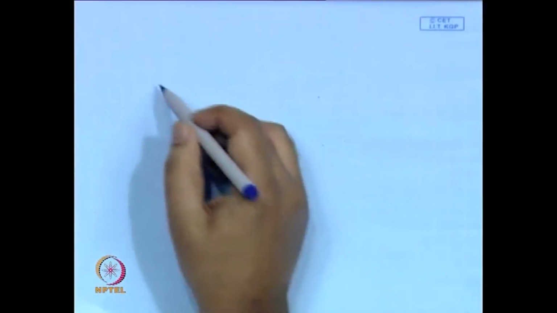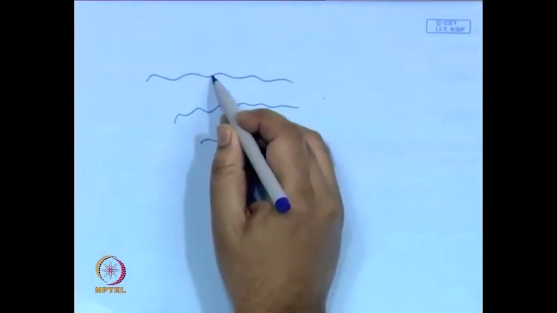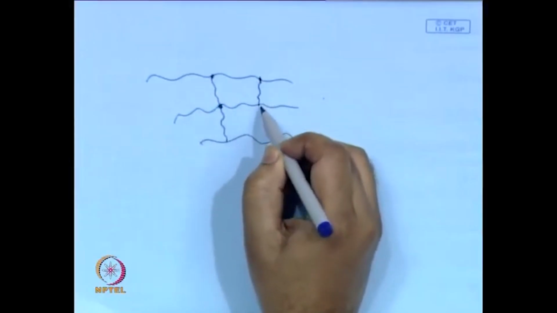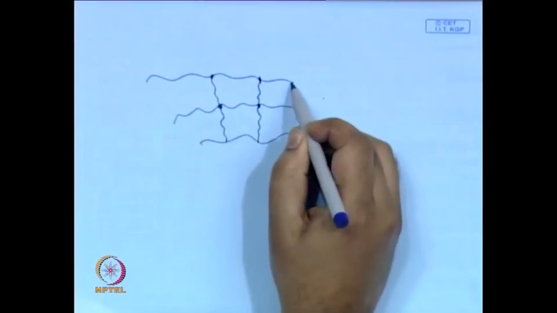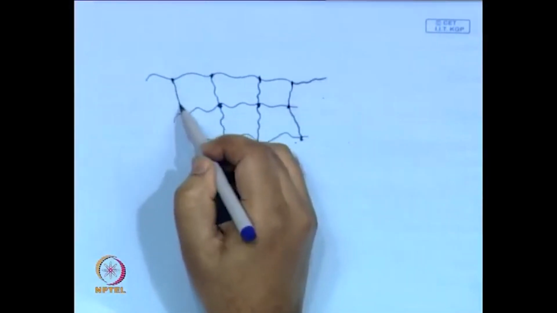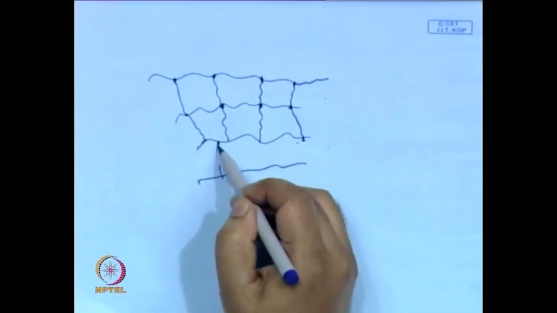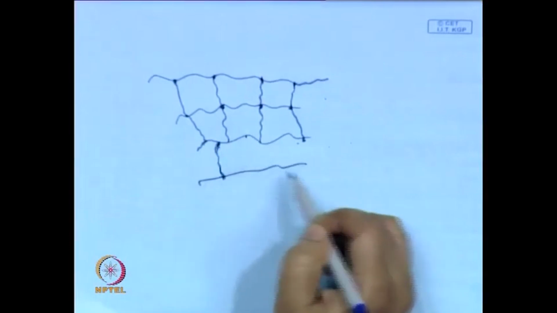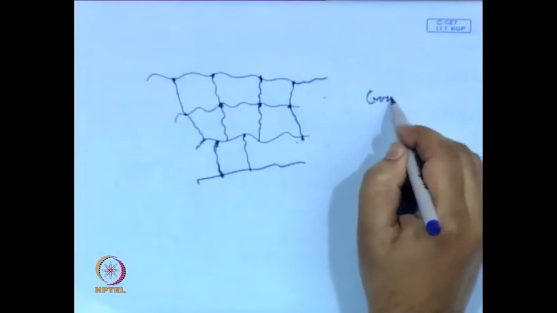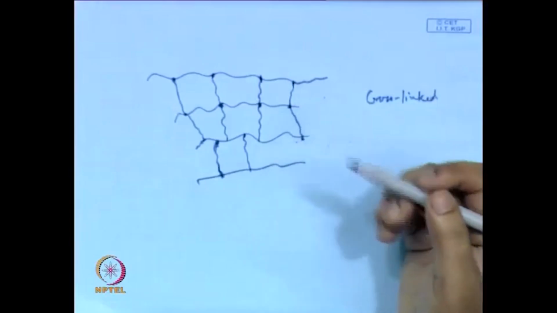For example, if I have different chains in a polymer which are covalently connected, like this, and so on, then this entire polymer is cross-linked, so that the individual chains do not exist.